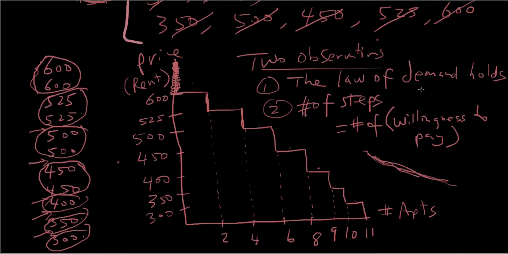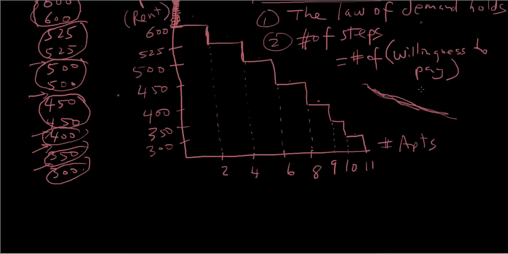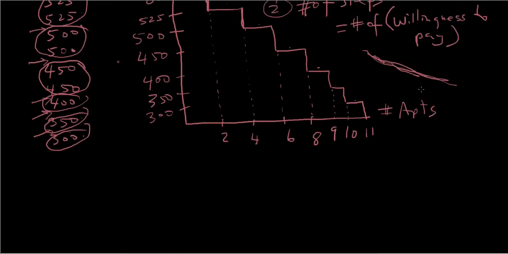Again, let me give you a new terminology. I obtained these numbers by asking, what is your maximum willingness to pay for the good? There's a terminology for that, and it's called the reservation price.